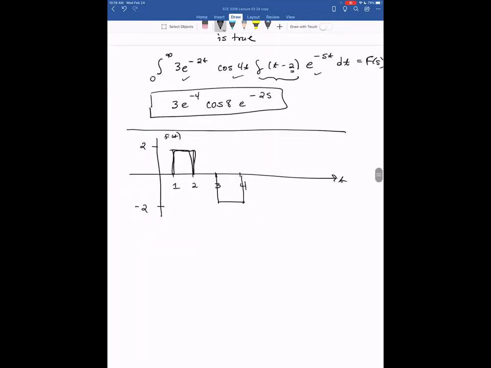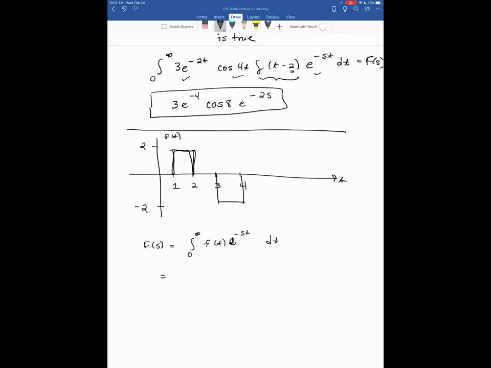So you have a couple of options here. One is that you could use the integral. So you would say F of s is the integral from 0 to infinity of f of t e to the minus st dt, and your f of t would split into a non-zero function equal to 2 between 1 and 2, and a non-zero function equal to -2 between 3 and 4.